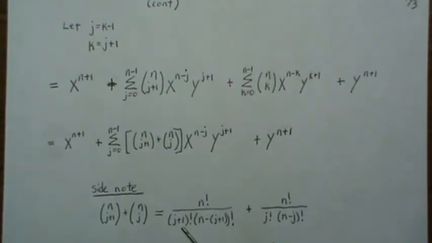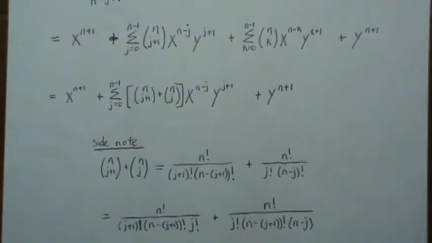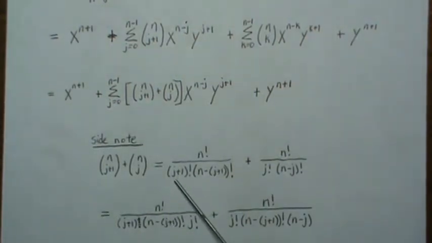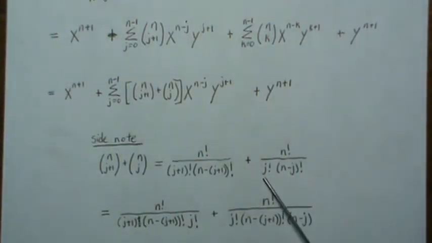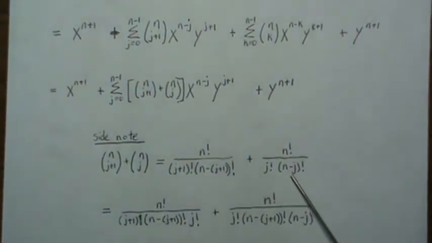So if we take out a j plus 1 here, okay, so here what we do is this factorial comes down, and then this is j factorial times j plus 1. Here the j plus 1 comes down, but we take out one of these. So it's n minus j times n minus j minus 1 factorial. So this is separated here.